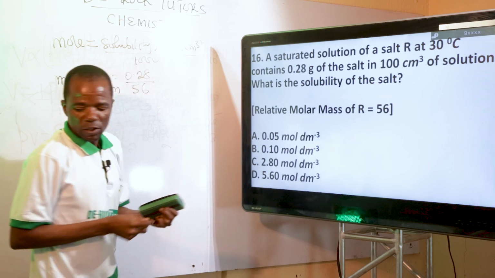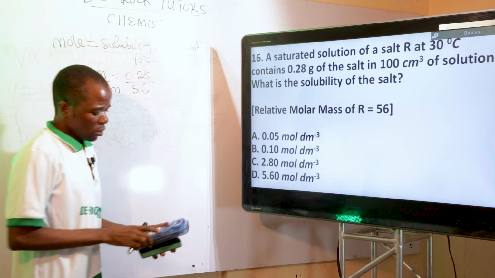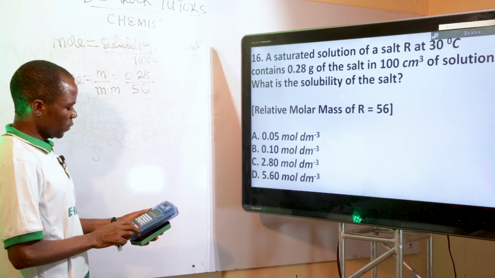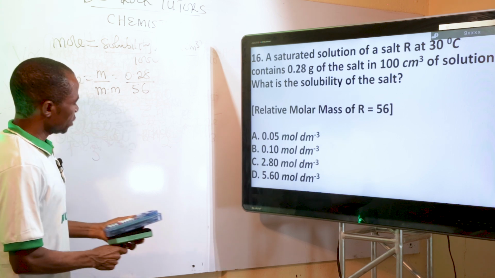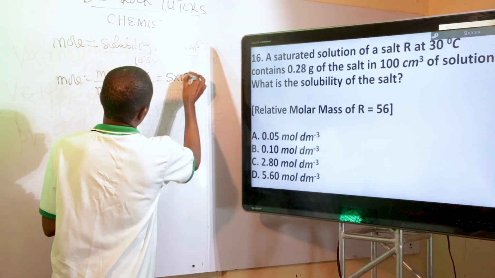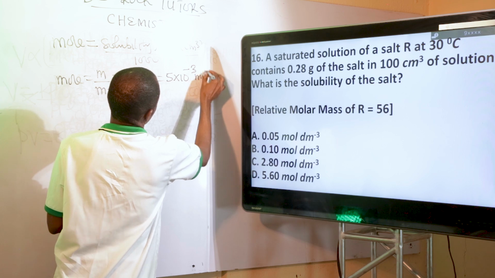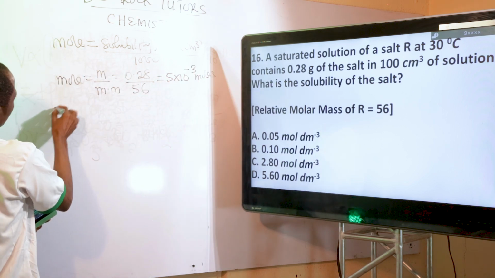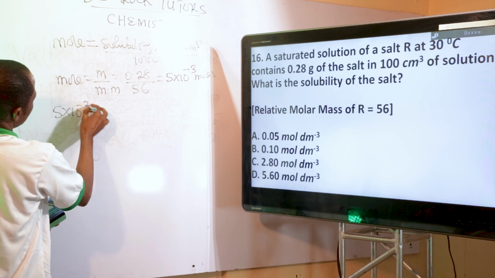So if you use a calculator to divide, 0.28 divided by 56 gives us 5 times 10 to the power minus 3 moles.